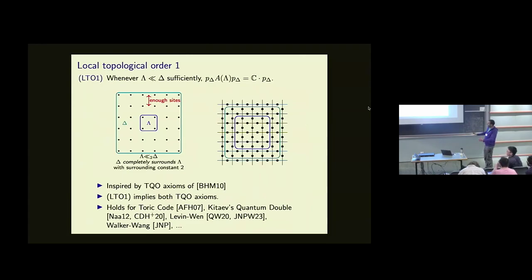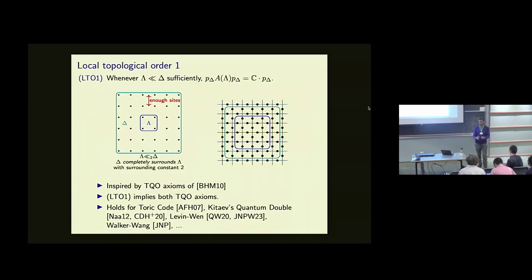Our axiom, LTO1, local topological order 1. There's this notion of what it means for one rectangle to completely surround another by a certain surrounding constant. As long as one rectangle is completely surrounded by another by enough space, here's my axiom.